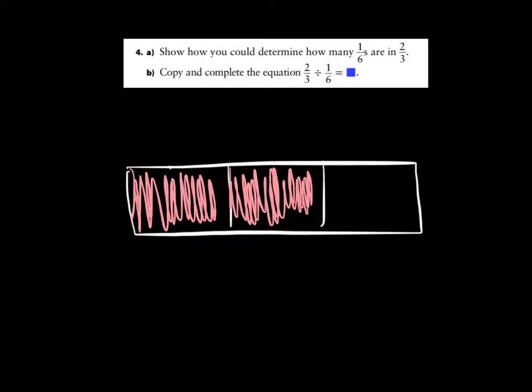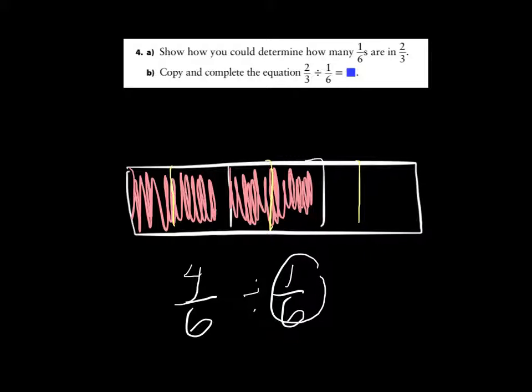If I cut each of these in half, I now have 6 parts, and I actually have 4/6 now. So now the question really is, how many sixths are there in 4/6? The new question, with the common denominator, is what is 4/6 divided by 1/6? So how many ones out of 6 are in here?